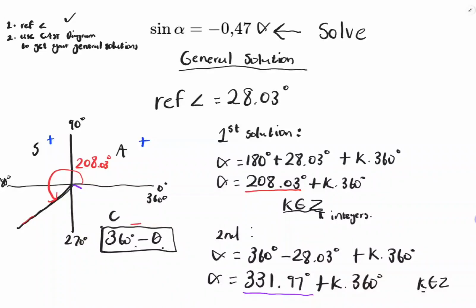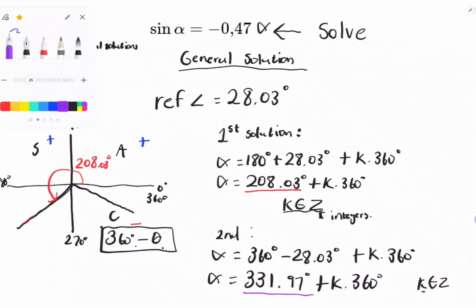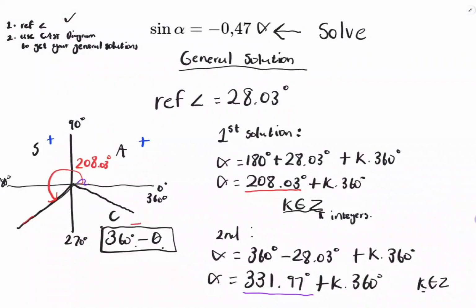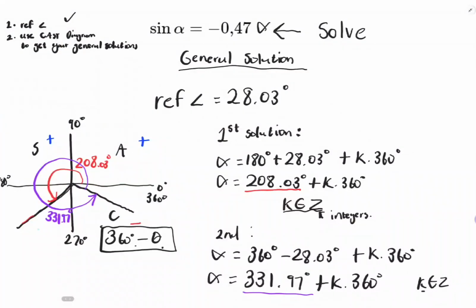Perhaps let me draw it with a black pen first. So perhaps it's going to be there. And if we revolve, it's 331.97 degrees. So as you can see, both 208 degrees and 331.97 degrees are in the quadrants where sine is going to be negative. And as we established earlier in this video, the Cos quadrant and the Tan quadrant are where sine is going to be negative.